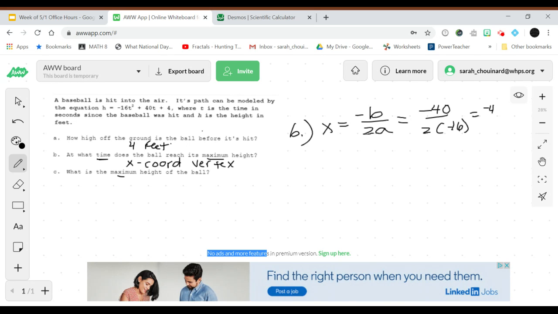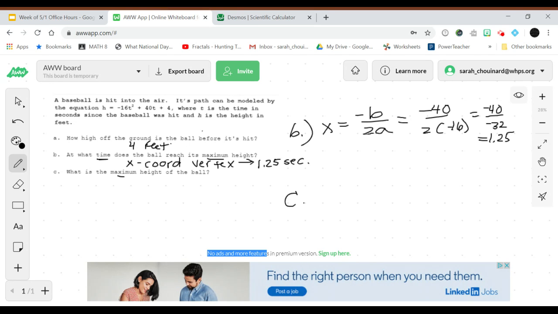And so negative 40 divided by negative 32 is going to give me 1.25. So this is a time. So the time it gets to the maximum height is 1.25 seconds.